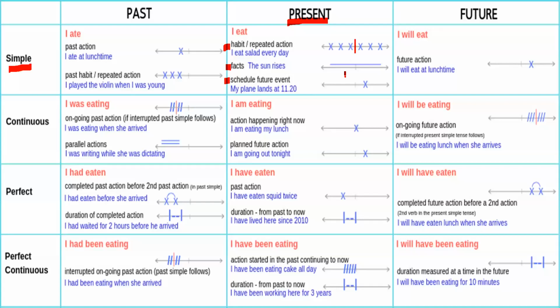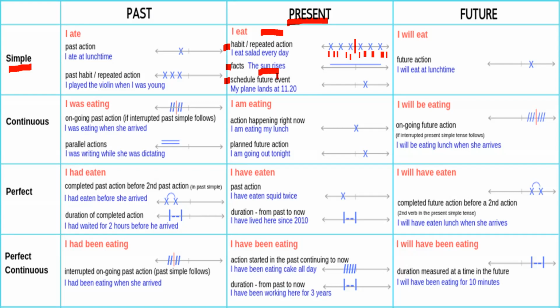Again, this is the point of present, and here the past, and this is the future. It's a habit, a repeated action every day. So you have to use the simple present. Or a fact, the sun rises also every day, and this is a fact.